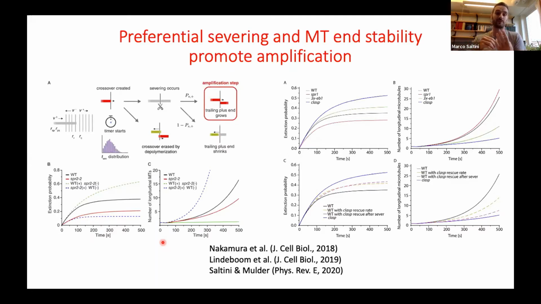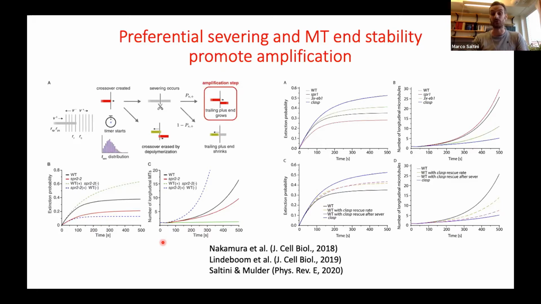Starting from the cortical array oriented longitudinally with respect to the growth axis of the cell, the occasional occurrence of nucleation in the transverse direction will, in principle, be able to amplify the number of microtubules in the transverse direction and then go back to the previous state.